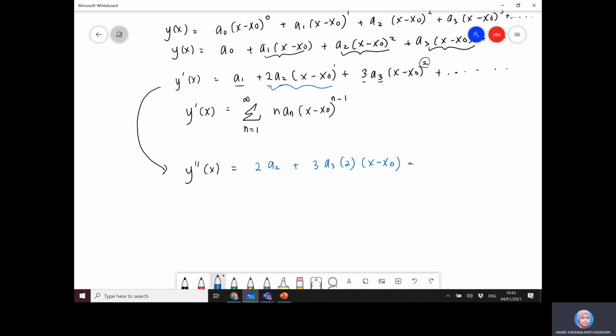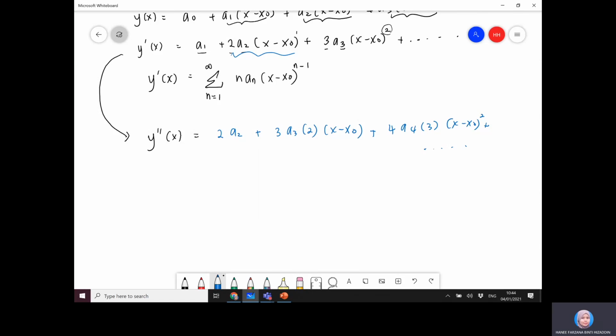And if you want to convince yourself, you can go on and on to get 4a4 times 3 times (x minus x naught) squared, and so on until infinity. So you can see that the second derivative of y of x starts with a2.